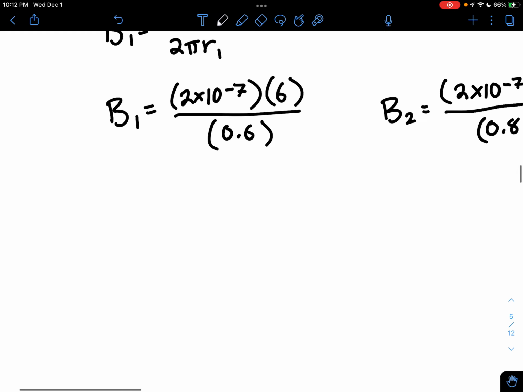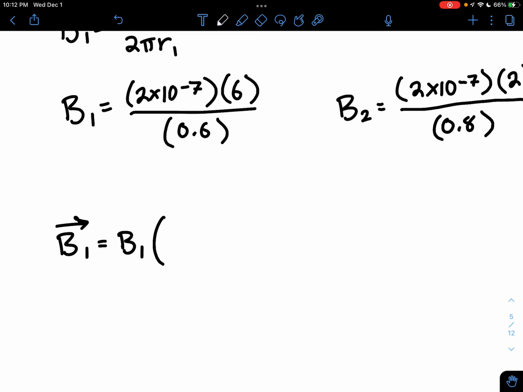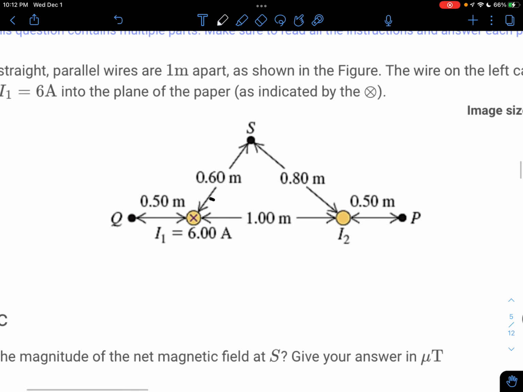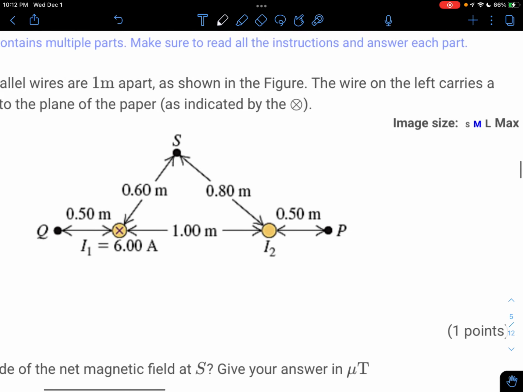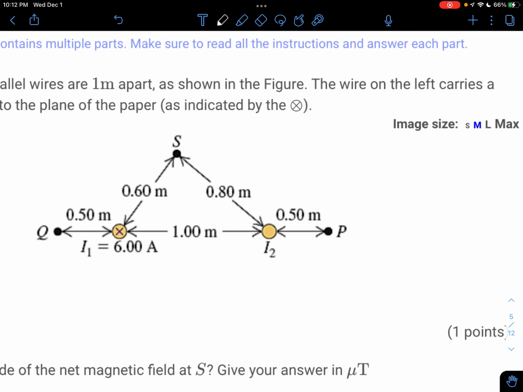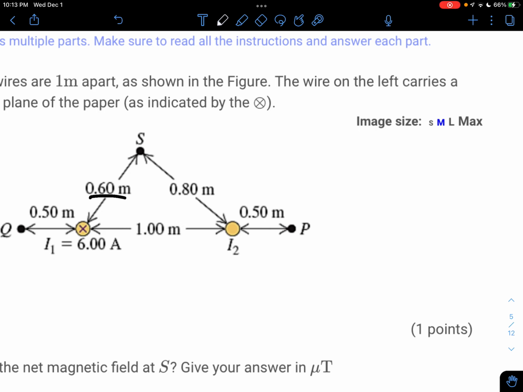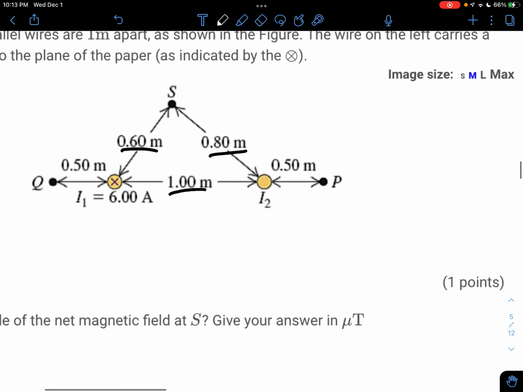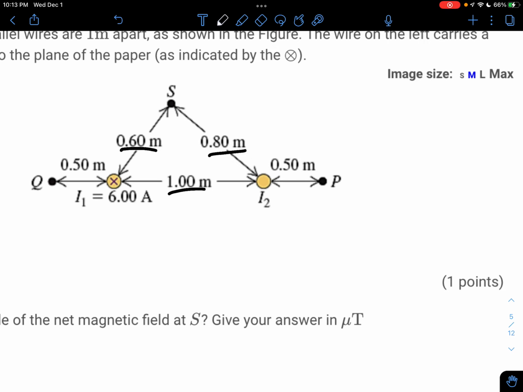For our B1 direction, that's just going to be whatever our magnitude of B1 is times, well, this one with our horizontal here. All we're looking at is our circle, here's our radius. If we're looking at this triangle, fun fact, these are all multiples, similar triangles.